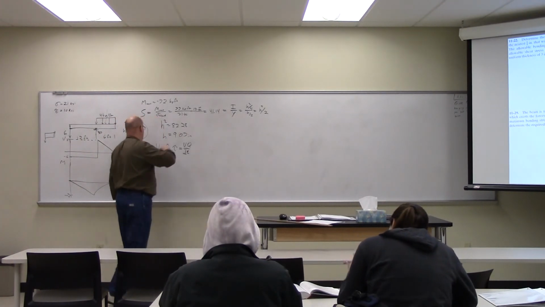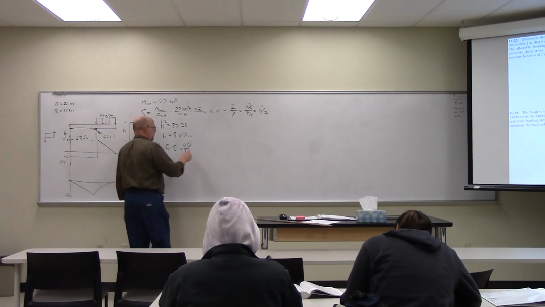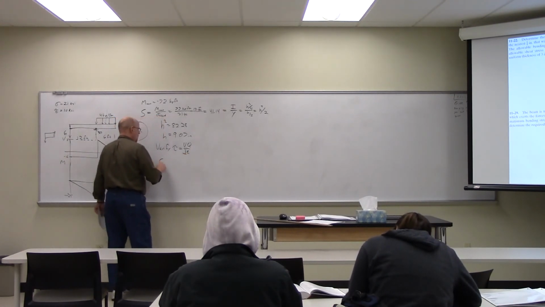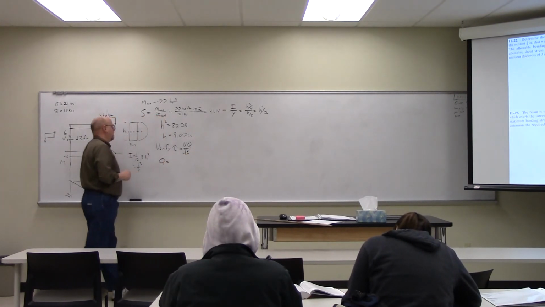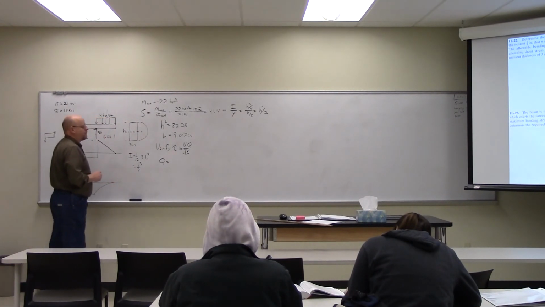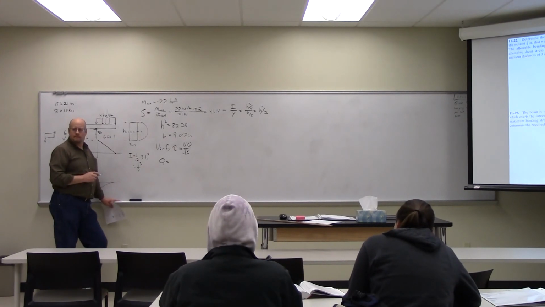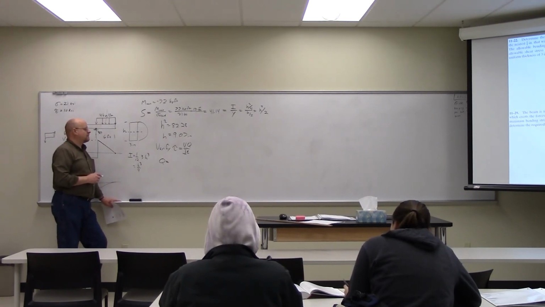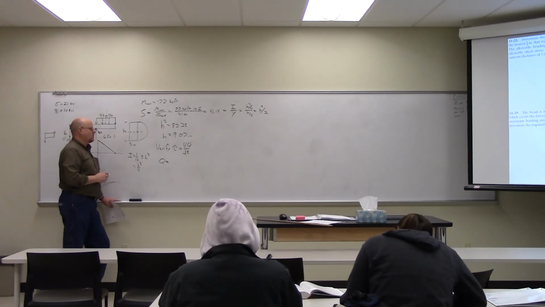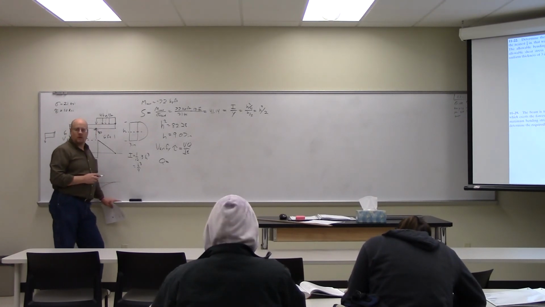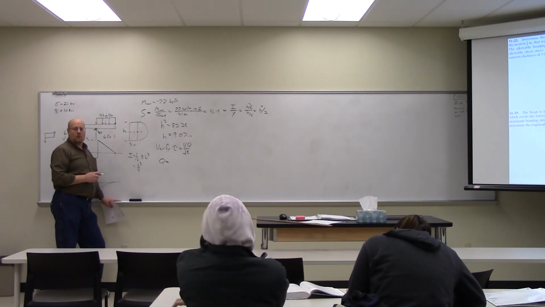I've got I, h cubed over 4. So now I've got to find Q. What's Q going to be? It's the area of that top section times the distance to the center of the top section, which is? h over 2. Nope.